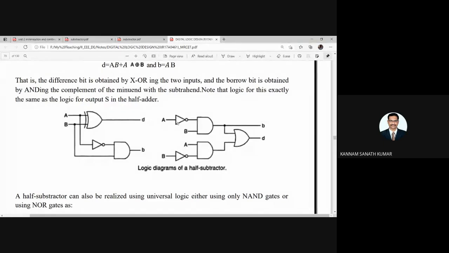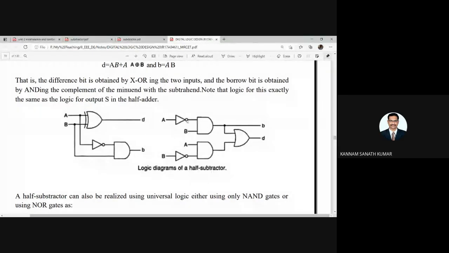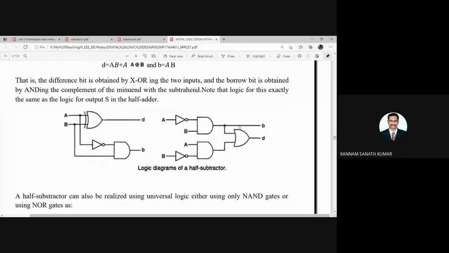You see here A dash B plus A B dash, that is the expression for the difference. A dash B and A B dash are given through the OR gate to get the difference. For the borrow, you use this gate to get A dash B.